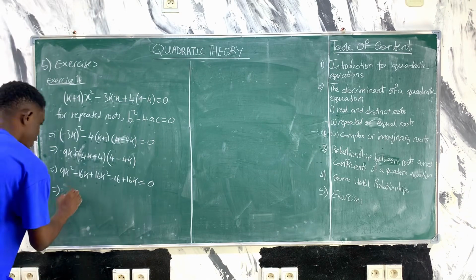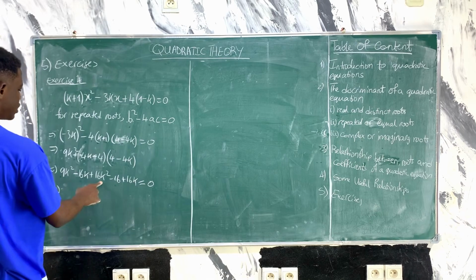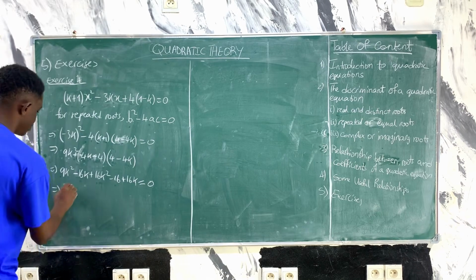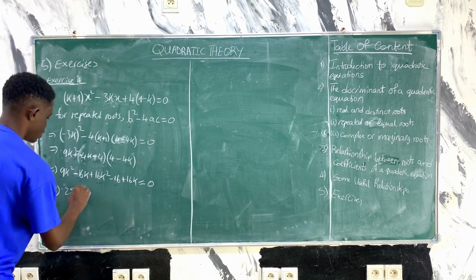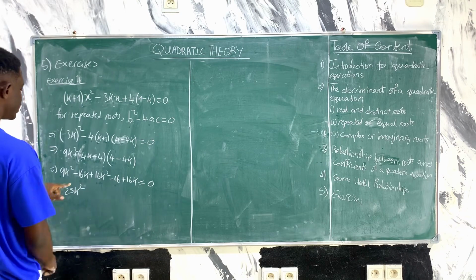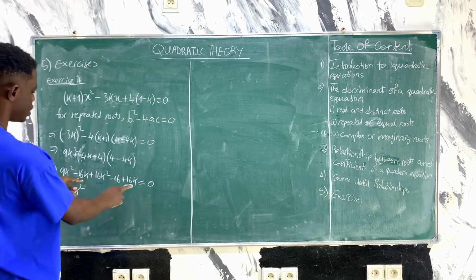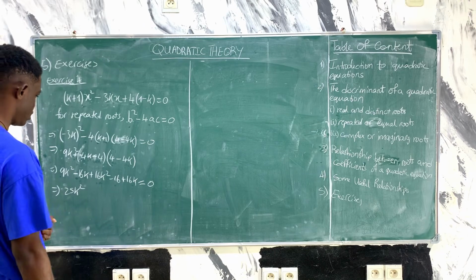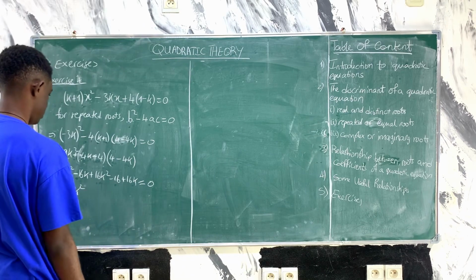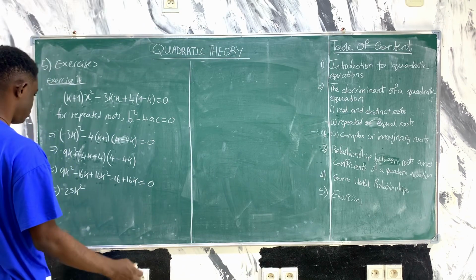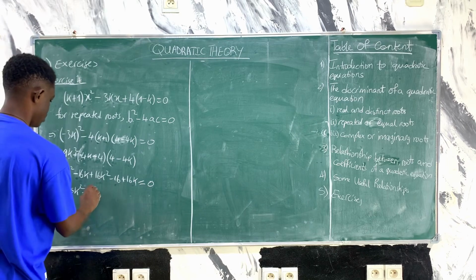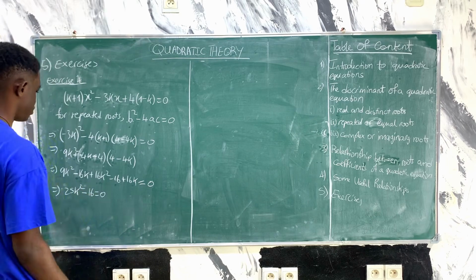Alright, so when we have this, then we can simplify further. We bring the like terms together. 16 plus 9 is 25k squared. Then we bring all of the k's together. Minus 16 plus 16 is actually boiling down to 0. Then we have minus 16. It's equal to 0.